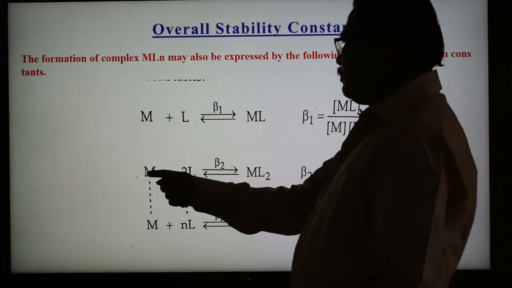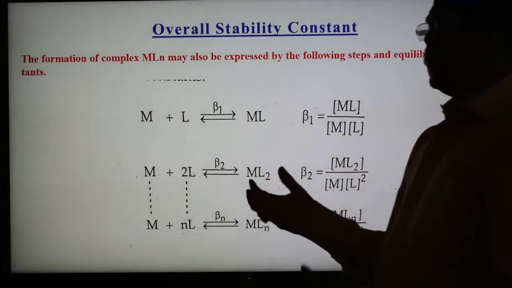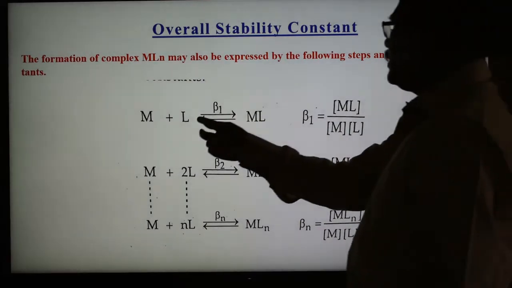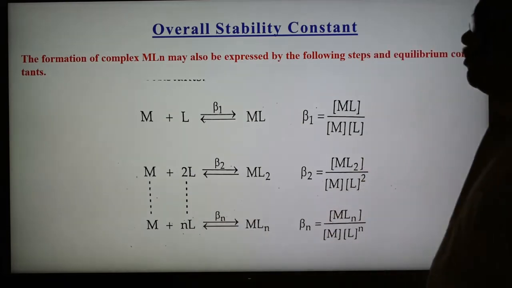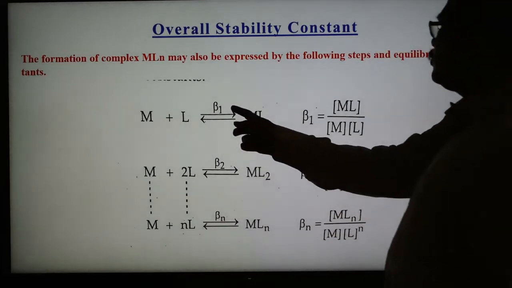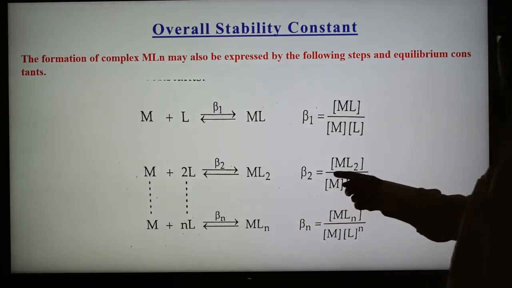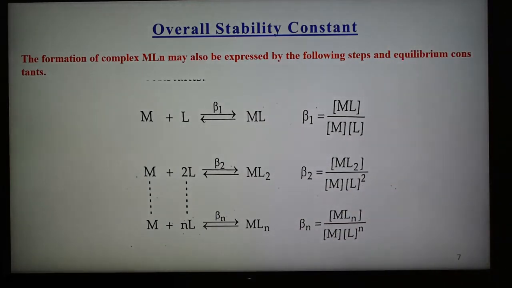Again we take the metal and two ligands, so it is not stepwise addition; now one ligand, then two ligands, three ligands, like that n number of ligands can be added. So this is beta 1, beta 2, beta 3 and the complexes ML, ML2, MLn. Beta 1, beta 2, beta n are known as the overall stability constants of the complexes.